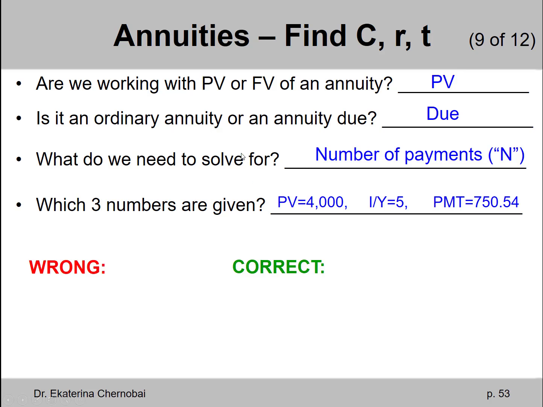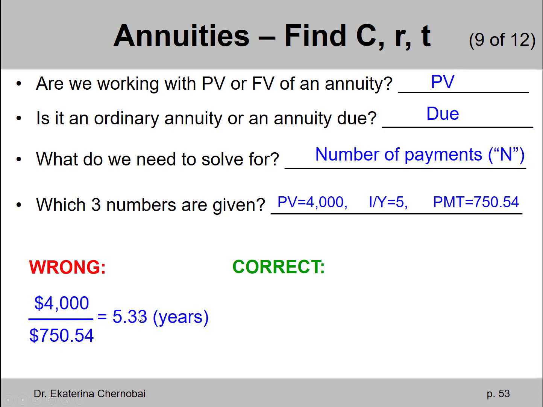From my experience, a lot of students somehow tend to solve these kinds of problems, where it's asking you for the number of payments, wrong. I see that a lot. So the wrong way would be doing it the simplest way that comes to your mind. You take the loan amount, 4,000, and divide it by the annual loan payment, 750.54.